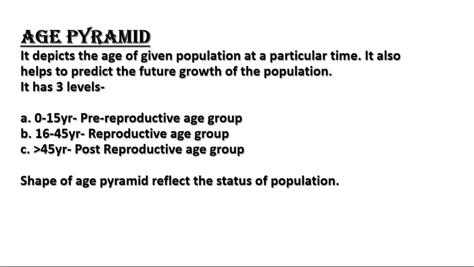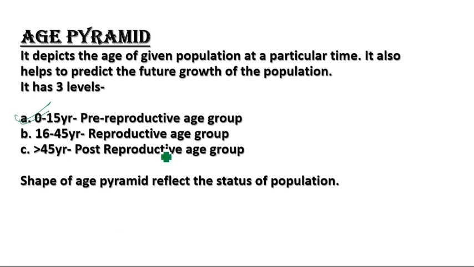Pre-reproductive age groups are those age groups between 0 to 15 years. It means just before or at the start of puberty. They are at the verge of puberty, so they will start having puberty, and they will have their sexual organs matured, and so they can fall in the next group, that is the reproductive age group.